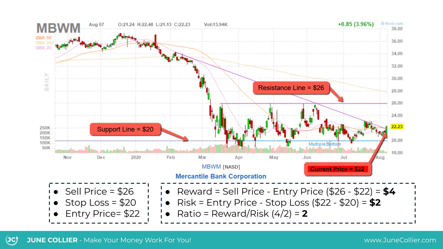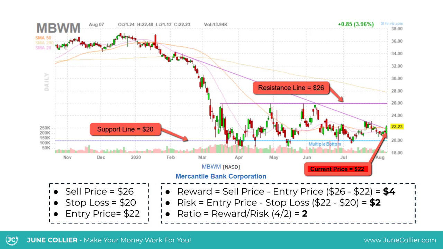To determine if this stock has a 3-to-1 risk reward or better, we will need to calculate the reward and risk numbers. The reward is the selling price minus the entry price. If the selling price is $26 and the current price is $22, then the reward would be $4.